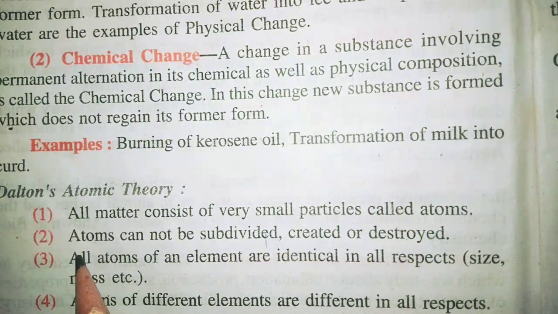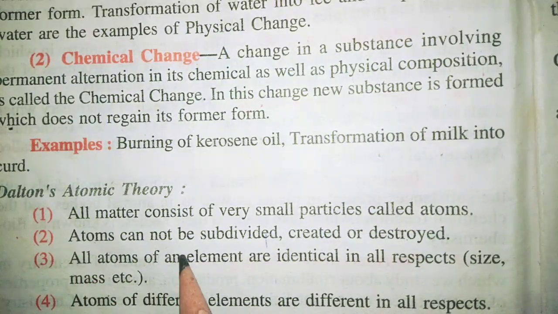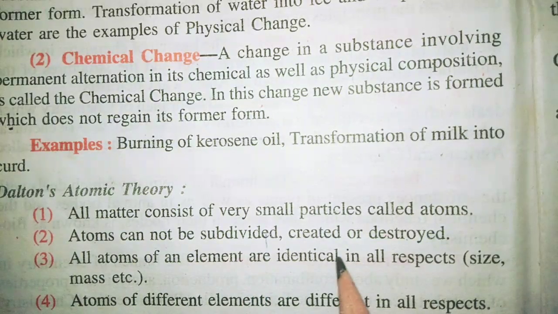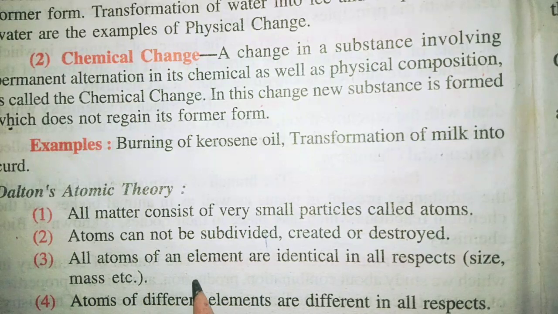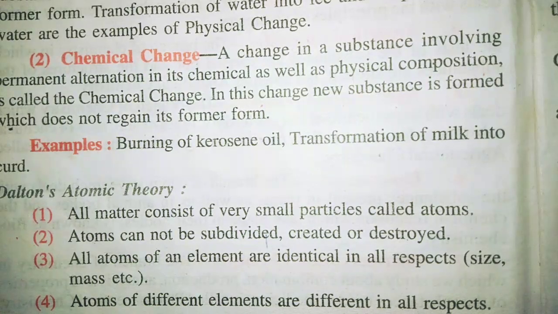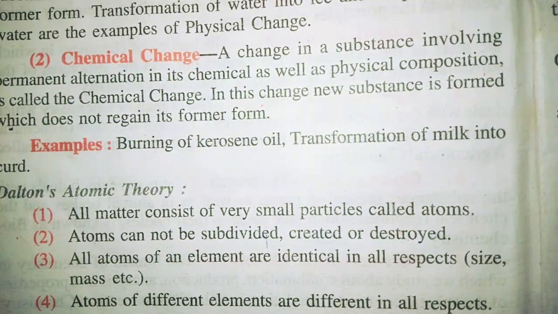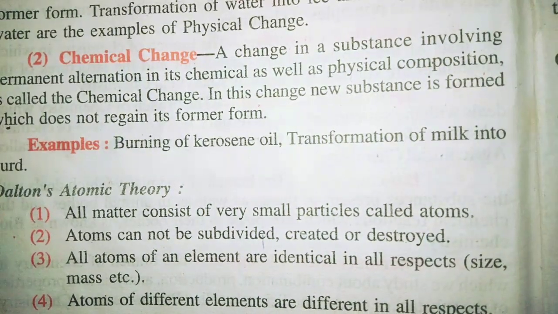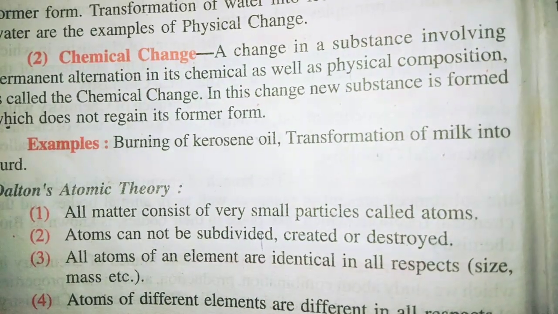Second, atoms cannot be subdivided, created or destroyed. Third, all atoms of an element are identical in all respects, that is size, mass, etc. Fourth, atoms of different elements are different in all respects. Now we will be dealing with the fifth.